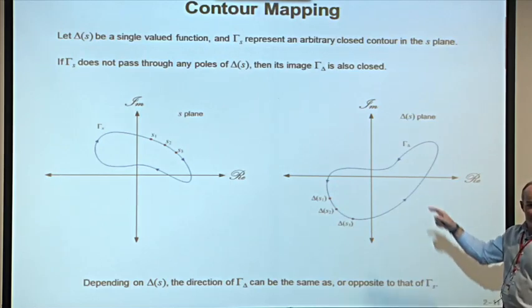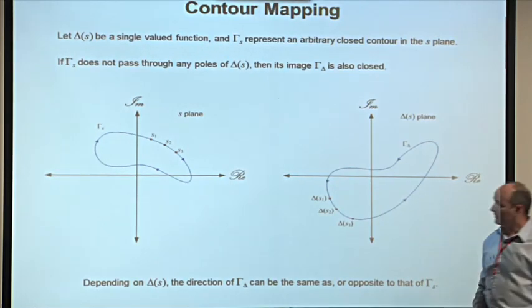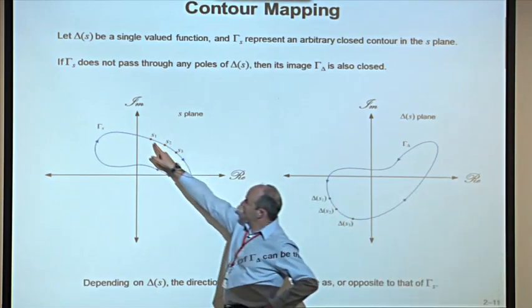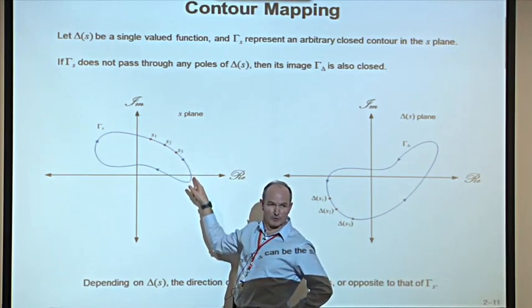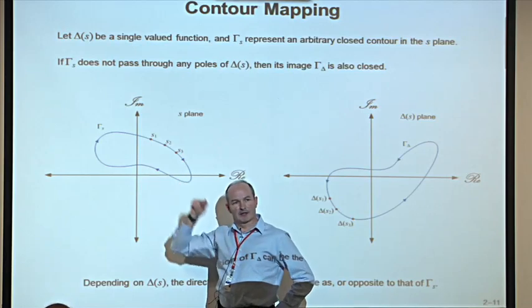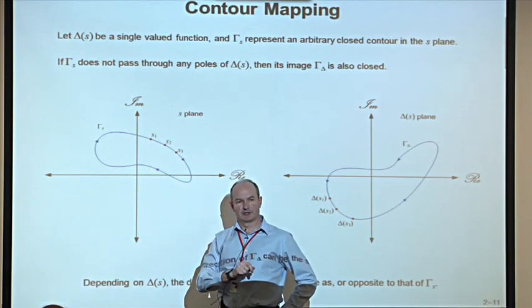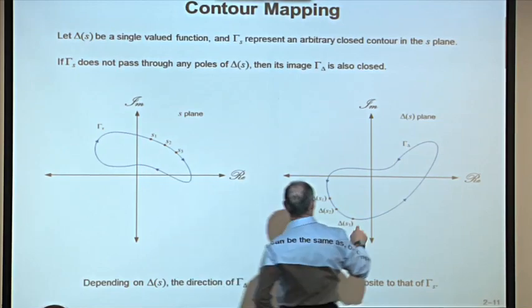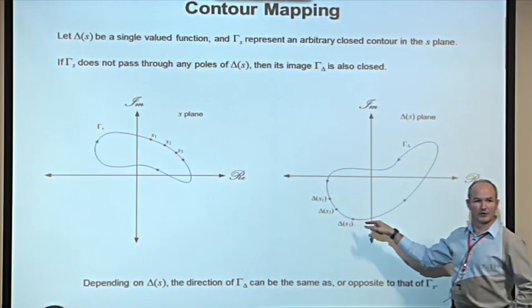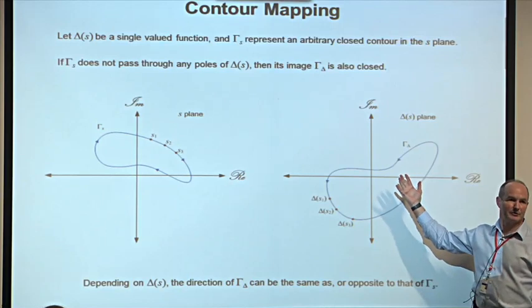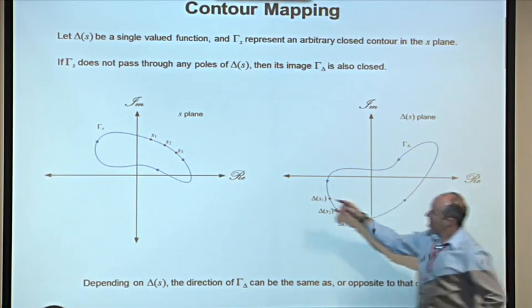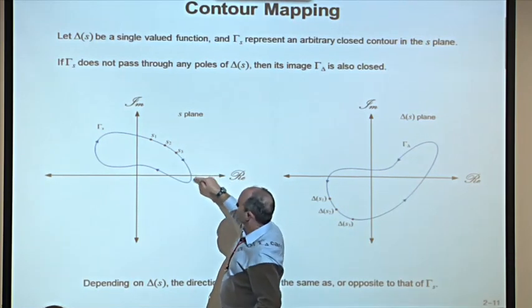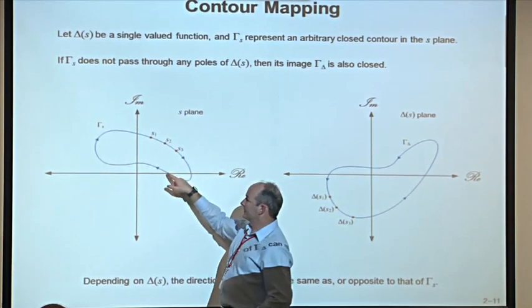Now, for functions which are like that, contours turn out to be contours after they map. And it's pretty obvious because imagine that you have a series of points around a contour in one plane, and you're mapping that contour with a single valued function. Every point along that contour is going to turn into another point along a different contour in the plane that it's being mapped onto. And as you go around these points, you keep mapping each one to one and only one point over there.